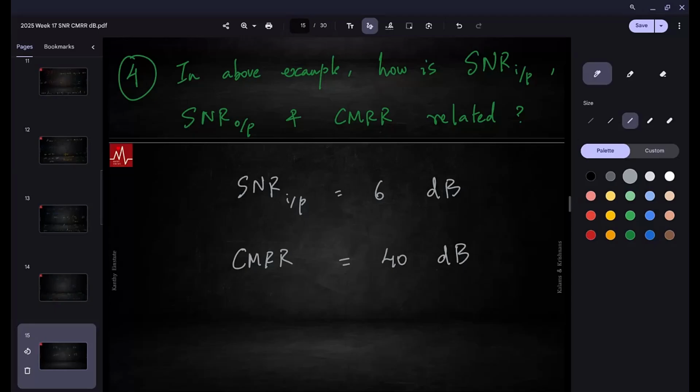SNR out, okay, that's as a ratio. So I'm using dB. Let's highlight that because in dB everything is adding or subtracting, and calculations typically you're doing in dB. So what is your SNR input?